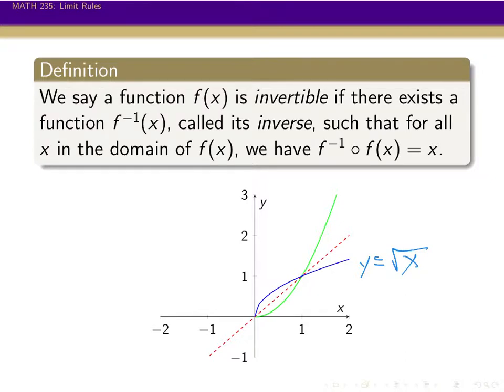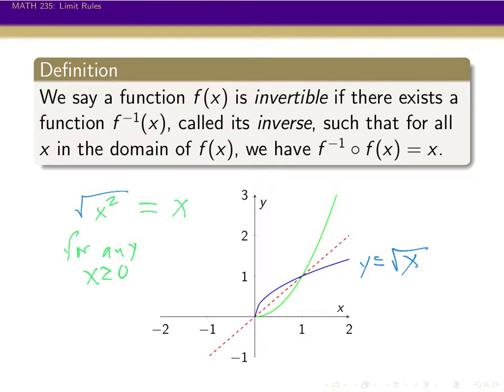Okay, and so at the end of this, if I take the square root of x squared for any x greater than or equal to 0, well, the square root and the x squared, in this case, cancel themselves off.